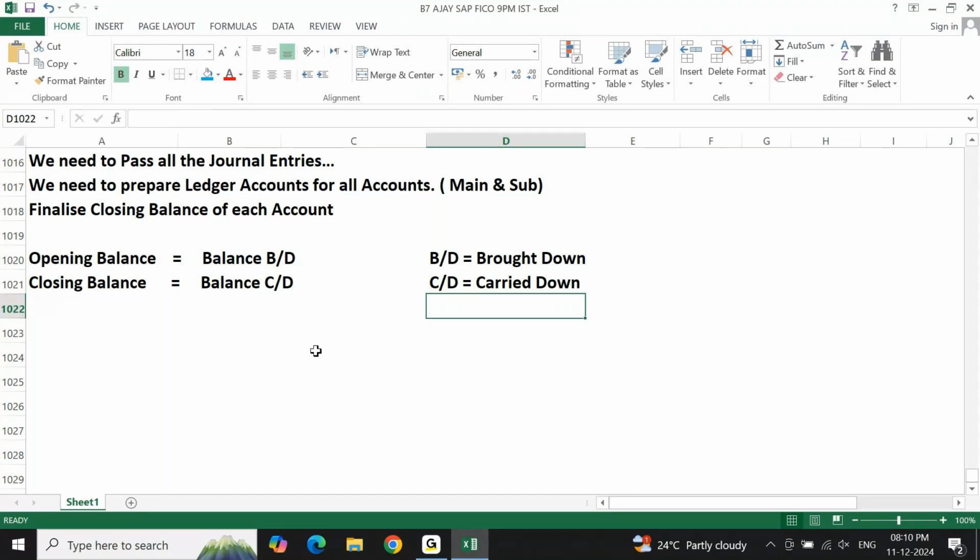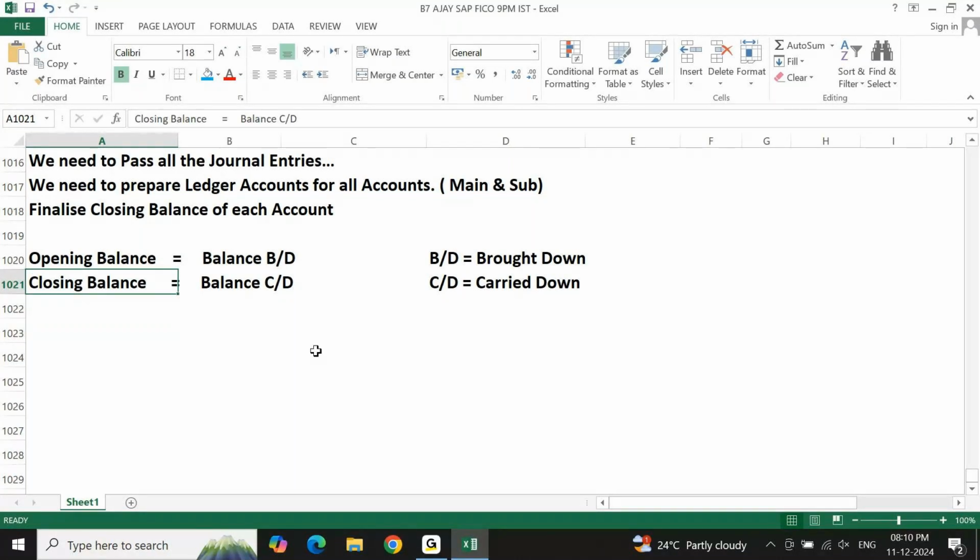In short, these things we are already aware of. We have already done these in our manual accounting during our academics. Yes, no? Though it is backdated many years ago, it is still the same fundamental, still the same logic. There is no change in it. There may be a slight change in the terminology, but from the conceptual fundamental point of view, it will remain the same. Once we have this information, for every account we will take the closing balance.